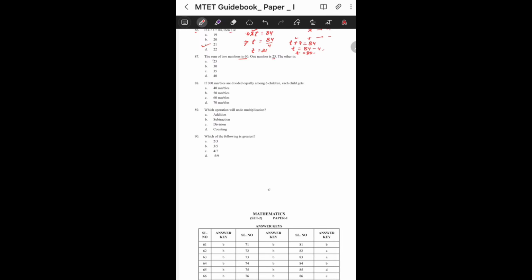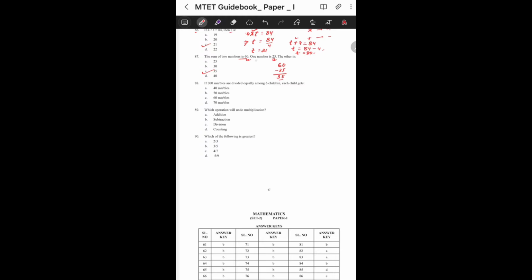Two numbers are given and their sum is given, 60, and out of two numbers, one number is given, 25. So what I said, directly we will subtract. So 60 minus 25, if we do, how much will we get? 10 minus 5 will be 5. Now 5 minus 2 will be 3. That means 35. Option C is your correct option.